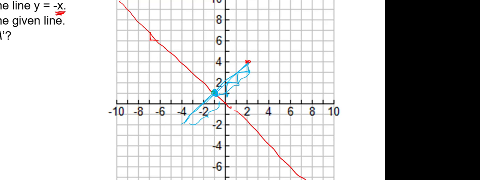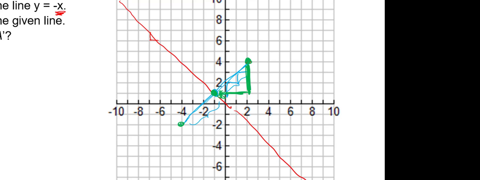So I see this intersection point, and this is my original point. I can find this point over here simply by counting using the slope. I'm going to go down 3 and to the left 3 to get to this intersection point.